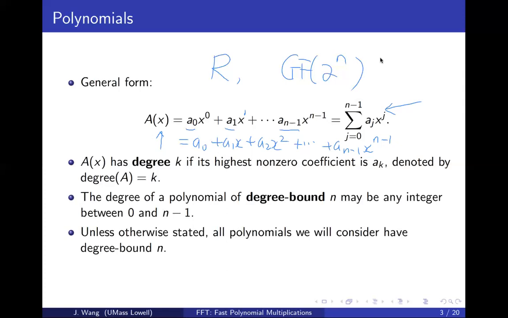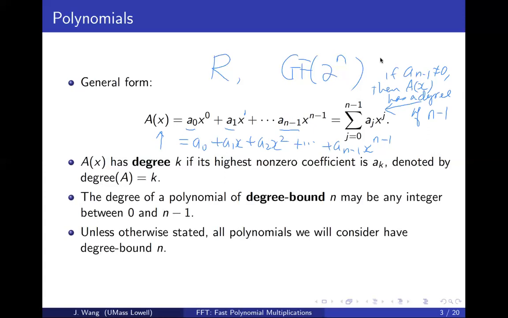So if a_{n-1} is not equal to 0, then this polynomial A(x) has a degree of n minus 1. And then we're going to give a name to it, and we're going to say that it is of a degree bound n.